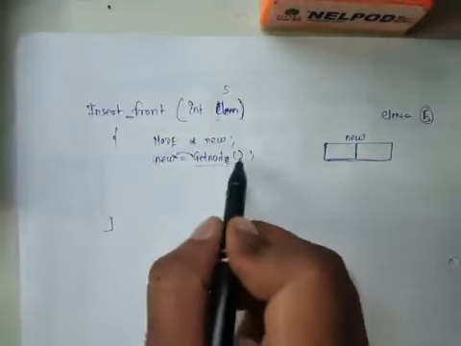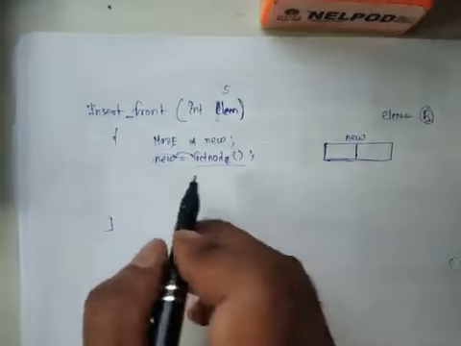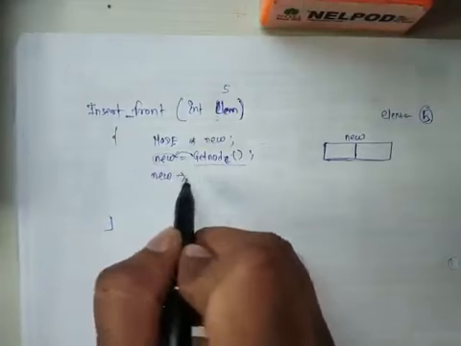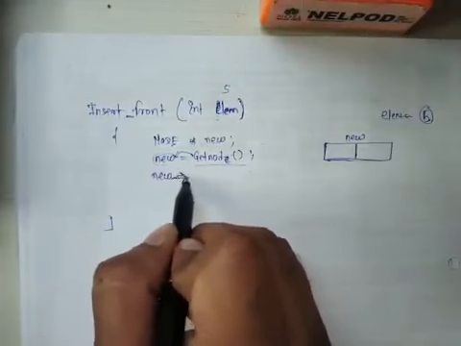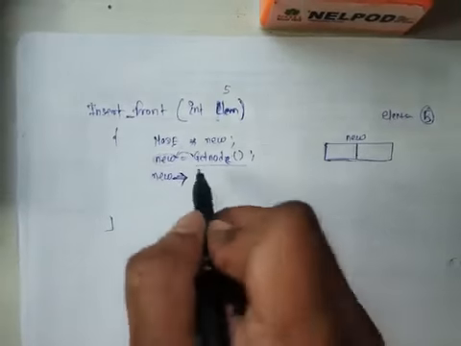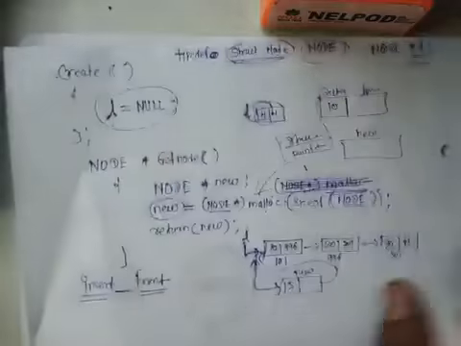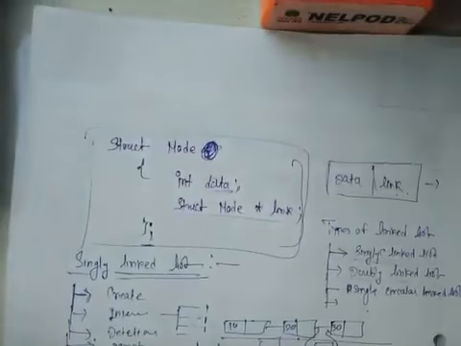We allocate memory for the new variable, and next we are going to assign that value. Since we are using a pointer variable, new of data field.